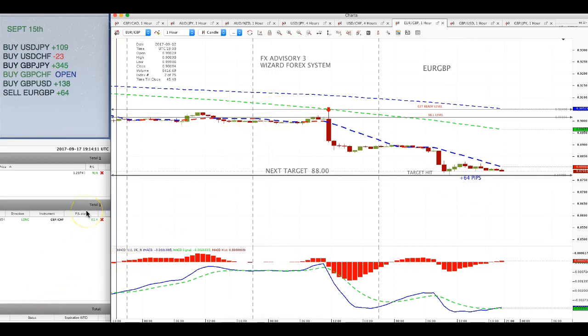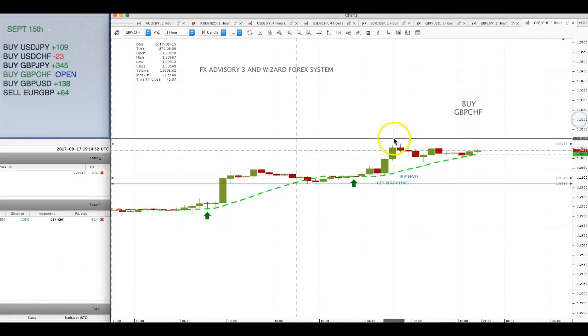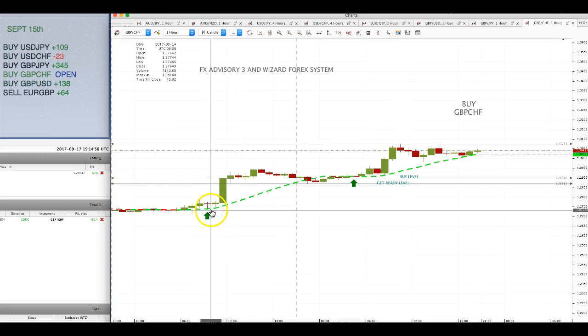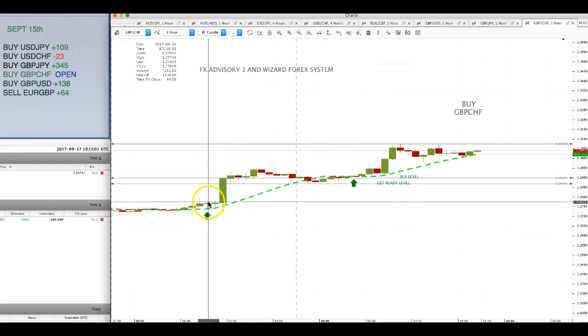The other one, pound Swiss, which I'm still in. Let's switch over to that pair. This is a currency pair I really look forward to trading because on Thursday we had a nice buy signal even before this rally on the wizard right there.